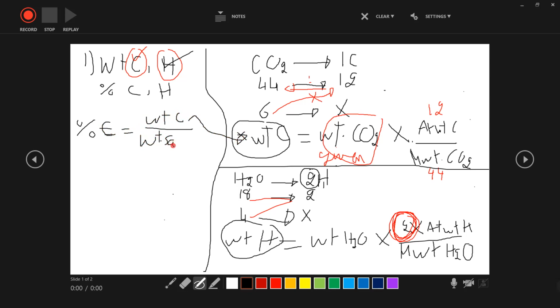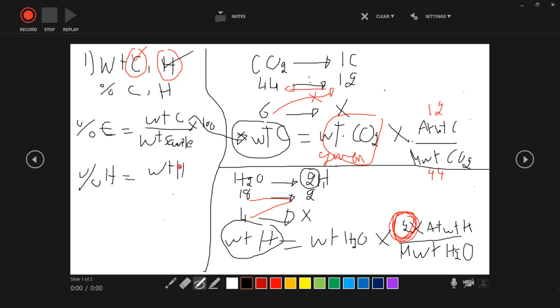Okay, any percentage is the weight of the thing divided by the weight of the whole thing times 100 to get a percent. Okay, very easy. And the weight of sample will be also given in the exam. You only calculate the weight of carbon, and from this equation you get the percentage. Percentage of hydrogen, same thing, weight of hydrogen.